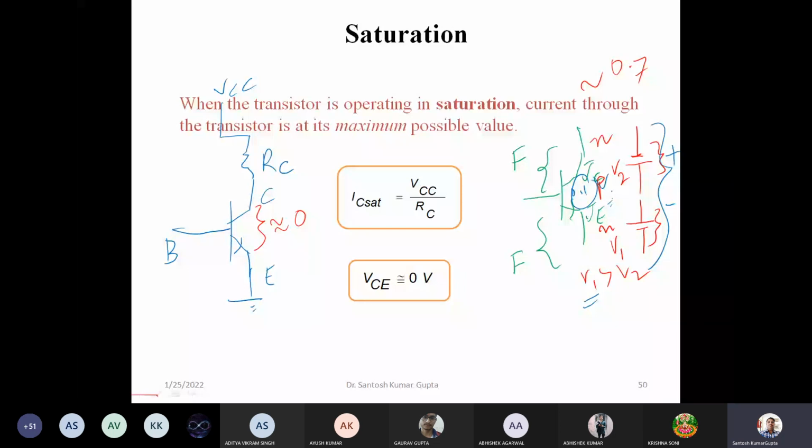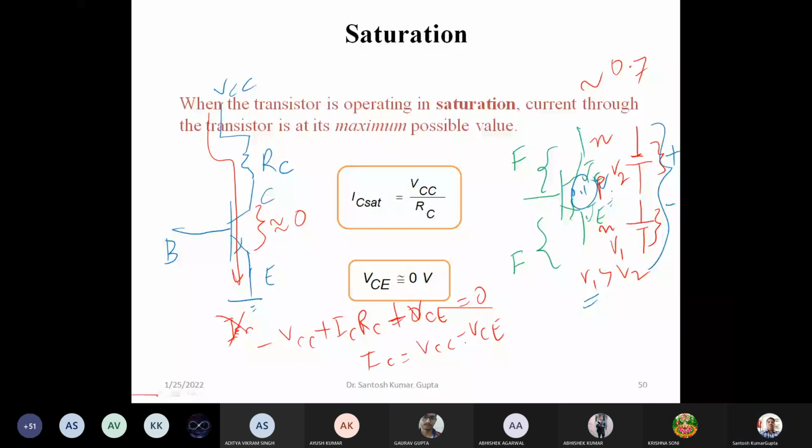And the current which flows through this path here, in that case, will be equal. We can write the KVL for this: minus VCC plus IC RC is equal to 0. If VCE is also there, then we can write this, and IC can be written as VCC minus VCE upon RC.